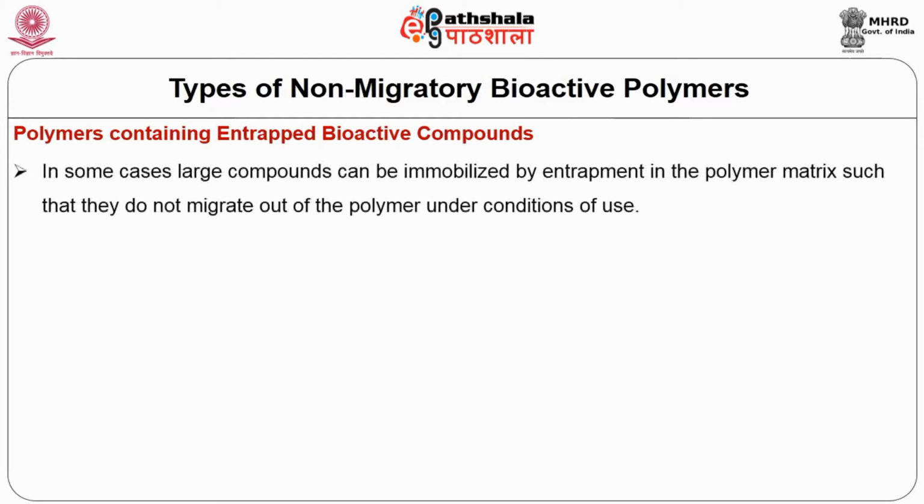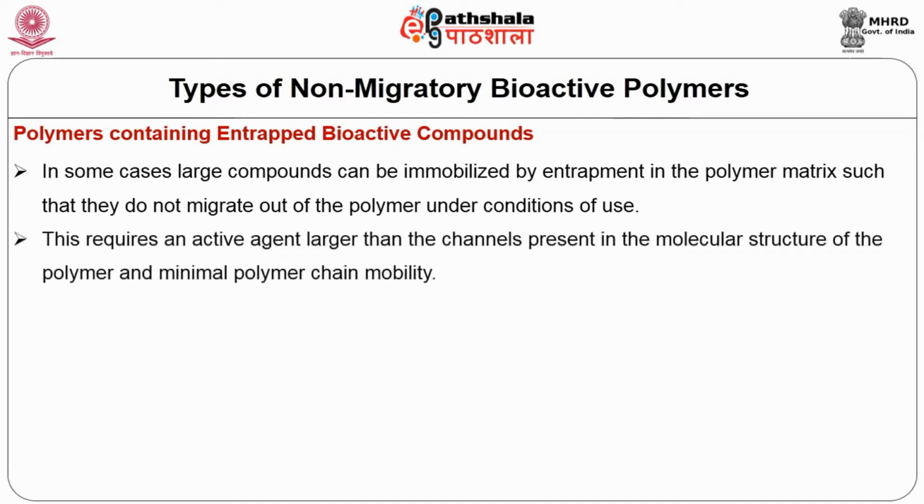In some cases, large compounds can be immobilized by entrapment in the polymer matrix such that they do not migrate out of the polymer under conditions of use. This requires an active agent larger than the channels present in the molecular structure of the polymer and minimal polymer chain mobility.